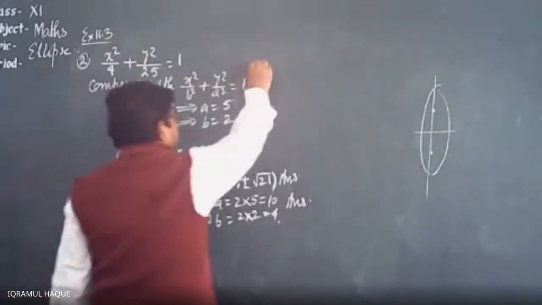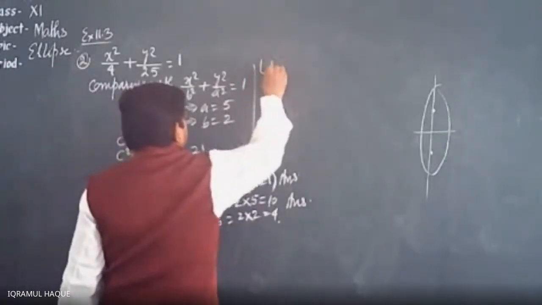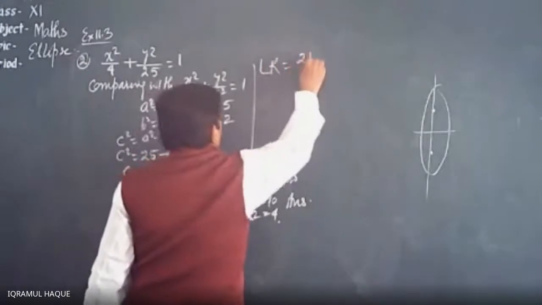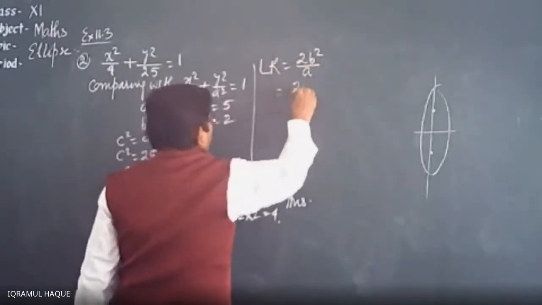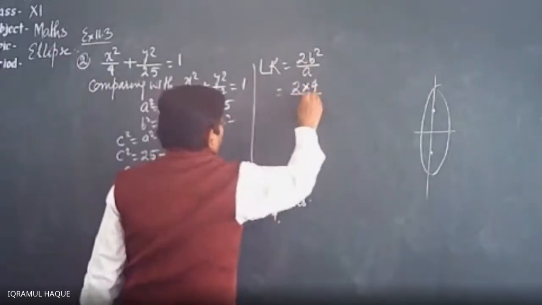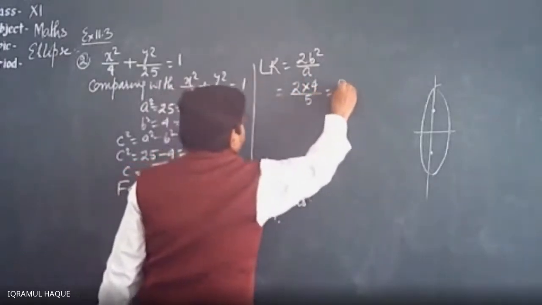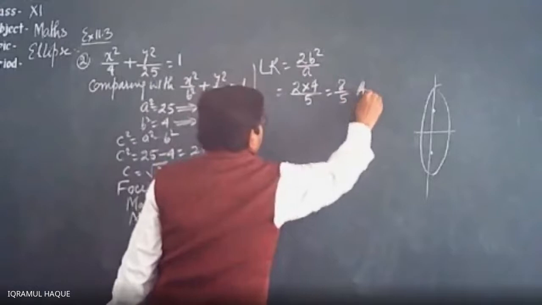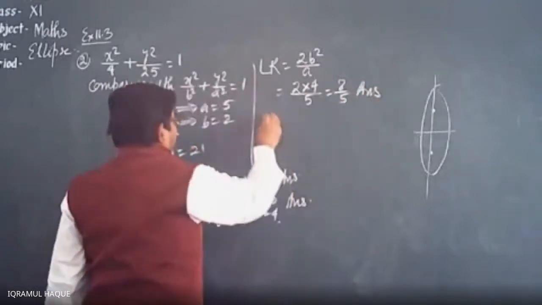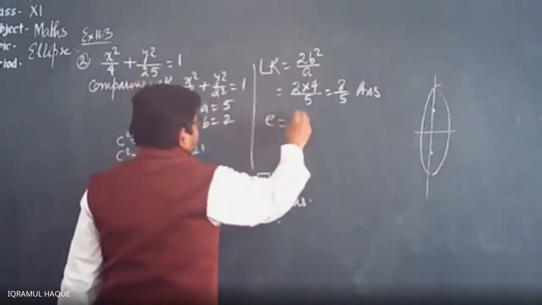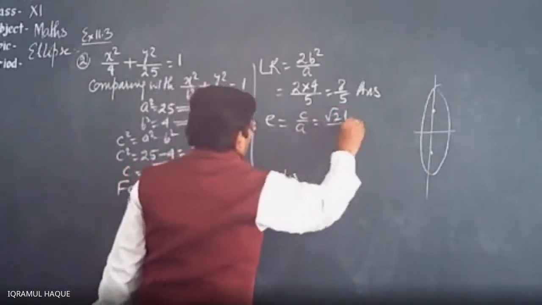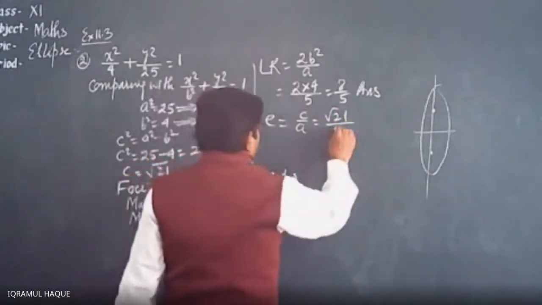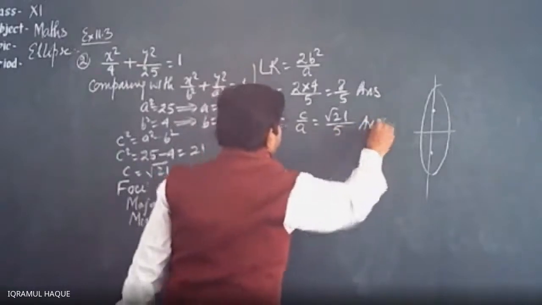The latus rectum is 2b square upon a. So we have 2 into 4 upon 5, which is 8 upon 5. This is the answer. Then we have to find the eccentricity, c by a. c is root 21 upon a is 5. This is the answer.